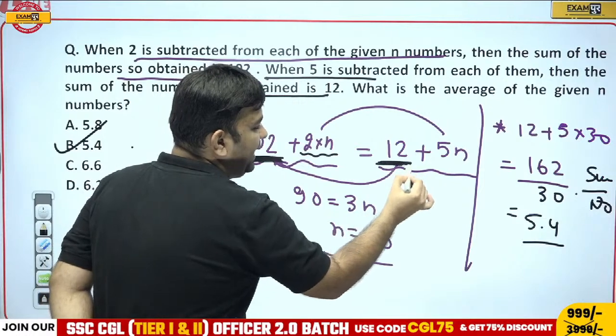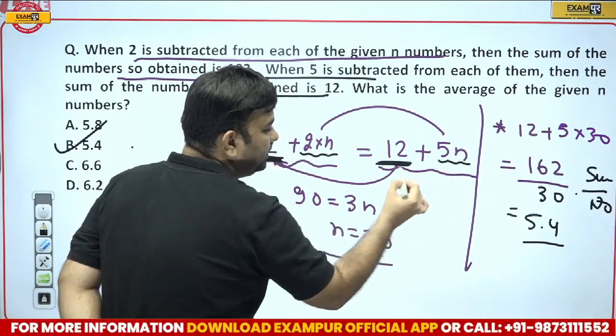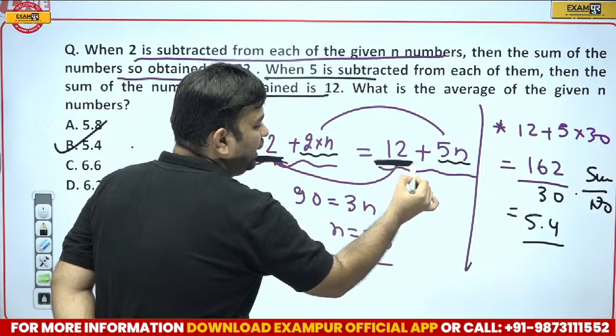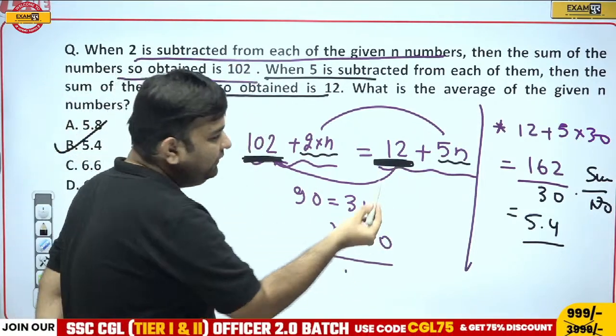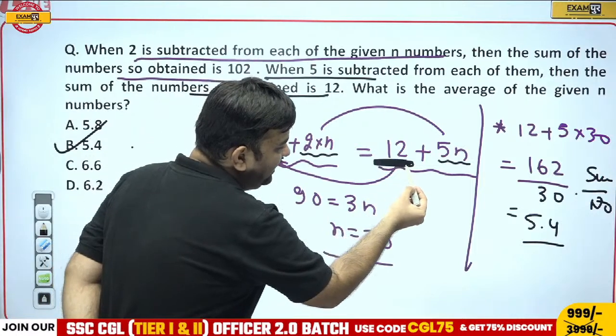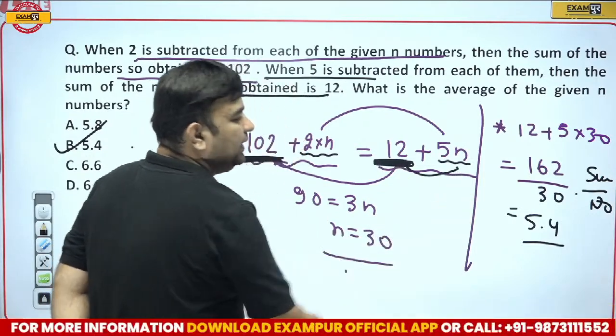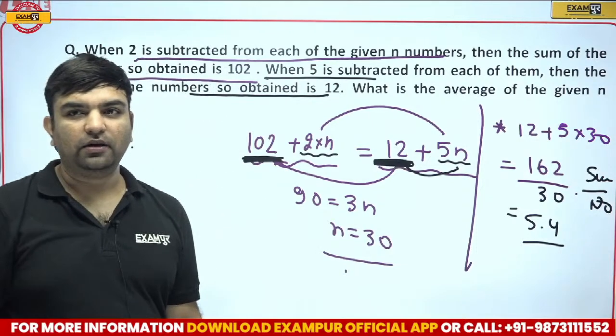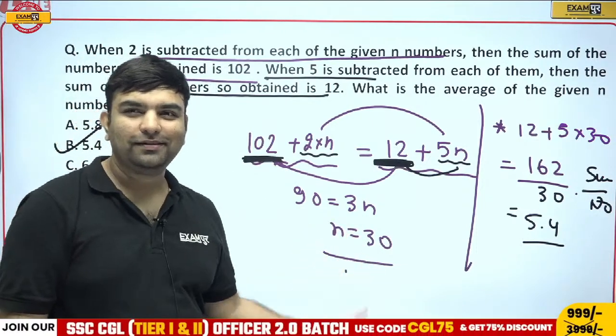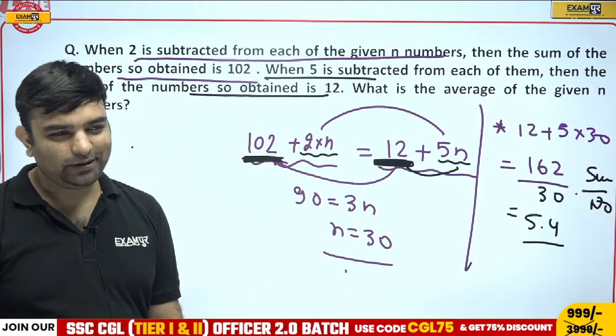So if I add 5 to each of the numbers, again I will get my original sum.